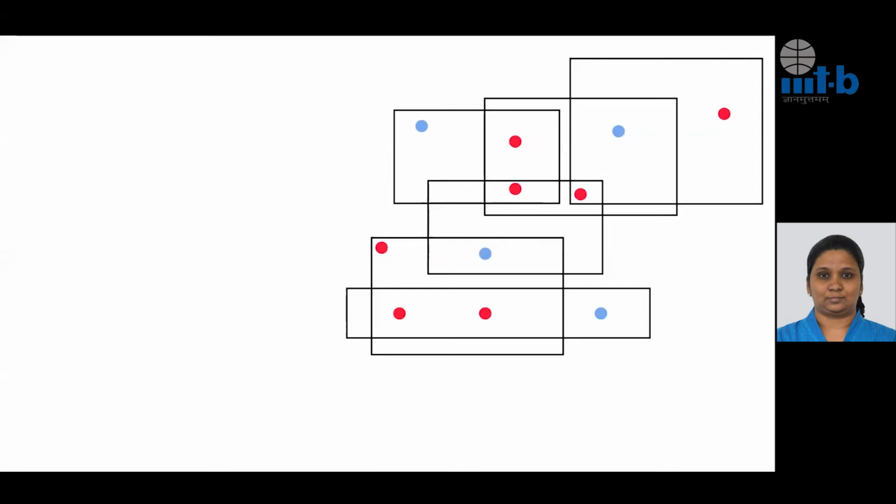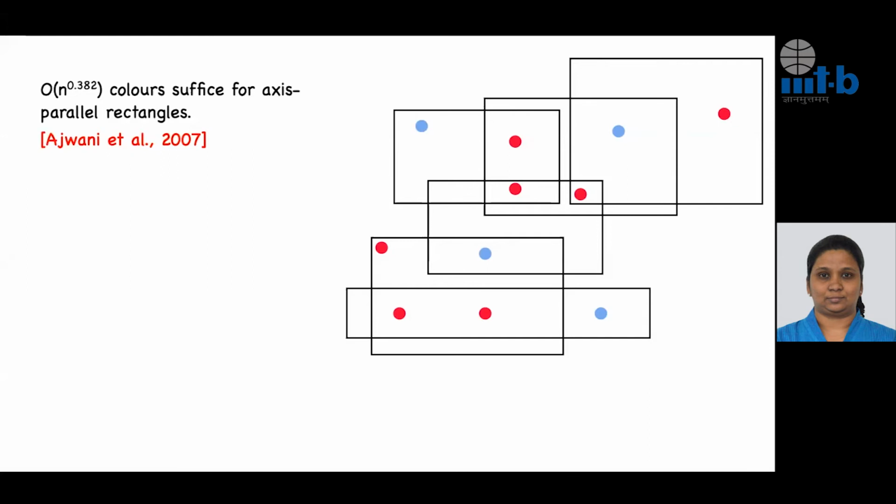All the points contained in a particular axis-parallel rectangle give you a hyperedge, and you want to color the points such that every rectangle contains one point with a unique color. Here, in 2007, it was shown that n to the power 0.382 colors suffice for axis-parallel rectangles.